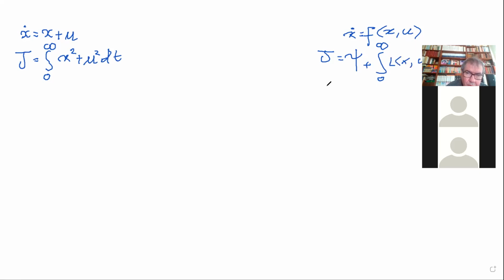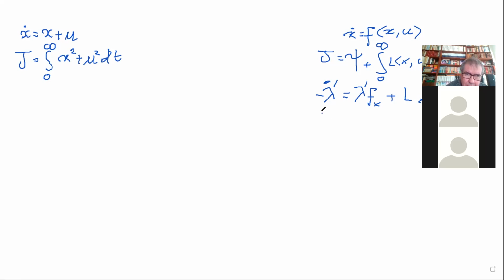Then we have minus lambda dot transposed equals lambda transposed f_x plus L_x. I have some condition on the terminal state, but the terminal state happens at infinity, so it does not play any role here.